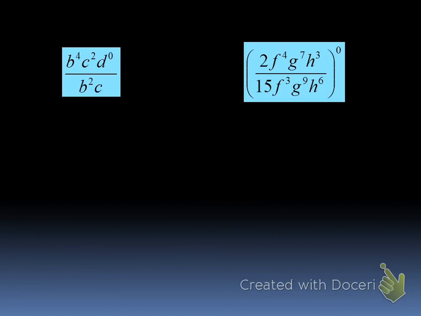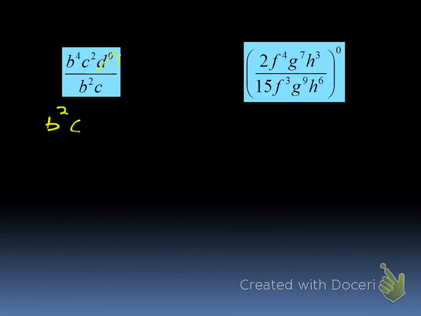All right, so we have 2 examples here. I'm going to go through kind of quick. So the b's, you have 2 b's, so you're going to subtract them like you've been doing. So 4 minus 2 gives us b to the what? B to the 2nd. C to the 2nd over C to the 1st is going to give us C. And since d is to the 0, that's just going to become 1.